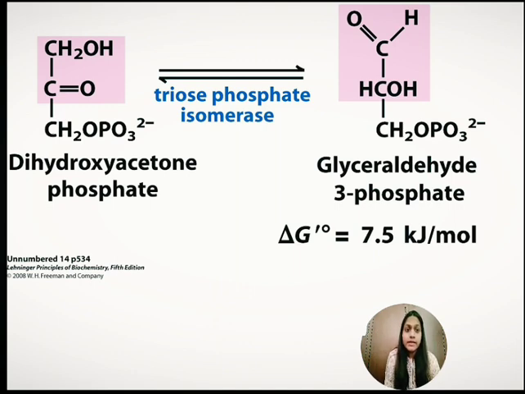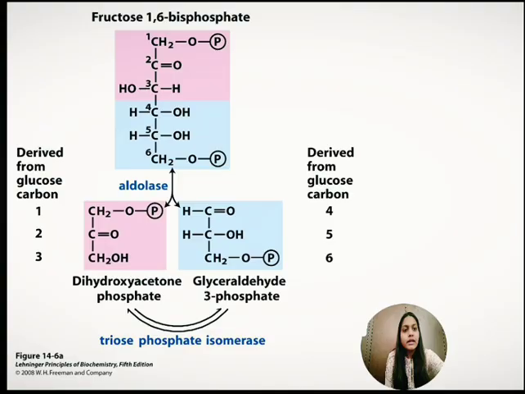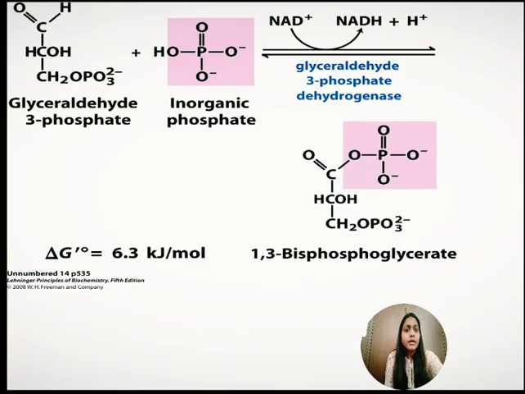So what we can say is, from one glucose molecule, two glyceraldehyde 3-phosphate molecules are generated in each glycolytic pathway. One is directly from fructose 1,6-bisphosphate breakdown, and the other is from the subsequent isomerization of DHAP back to glyceraldehyde 3-phosphate. The glyceraldehyde 3-phosphate so formed is converted to 1,3-bisphosphoglycerate with the aid of the enzyme glyceraldehyde 3-phosphate dehydrogenase.